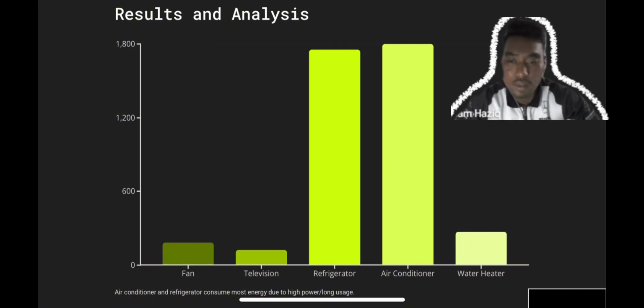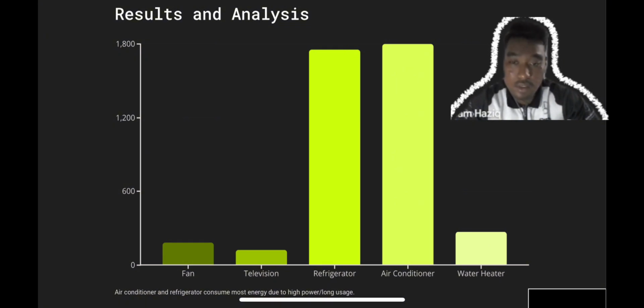So that's why these two commonly can go up to 1,800, while these three are rarely used or used just a few hours, so they don't consume as much as these two.